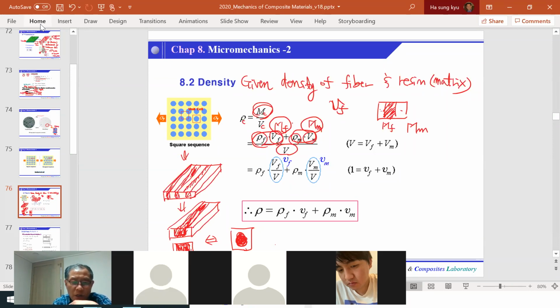By definition of density, the mass will be volume times the density.